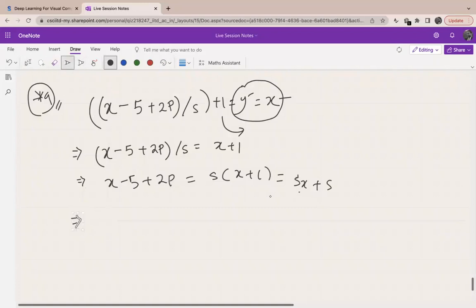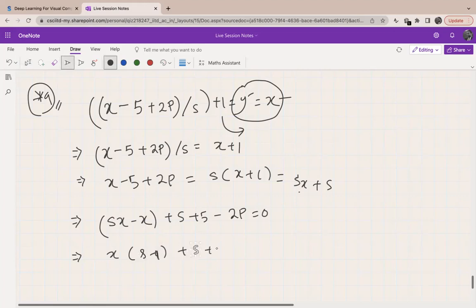On this side, we put everything into one side: Sx minus X plus S plus 5 minus 2P equals 0. That implies X times (S minus 1) plus S plus 5 minus 2P equals 0.